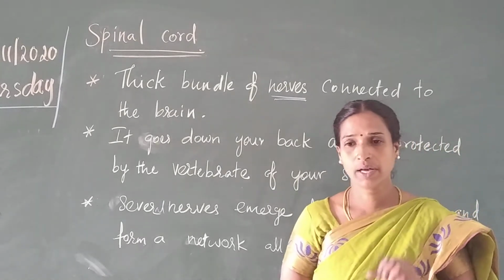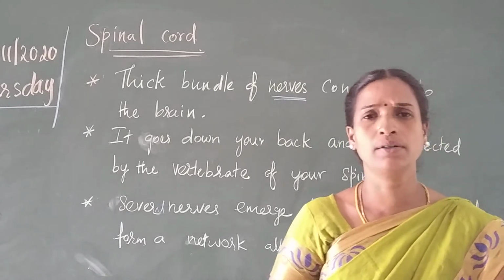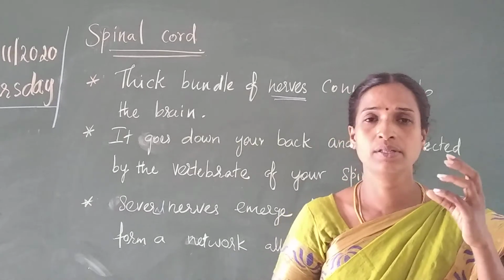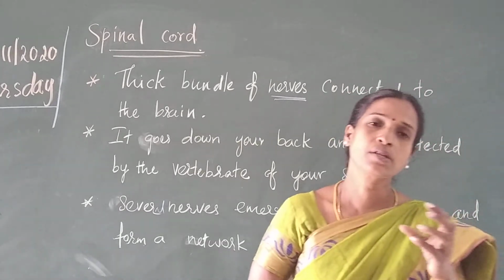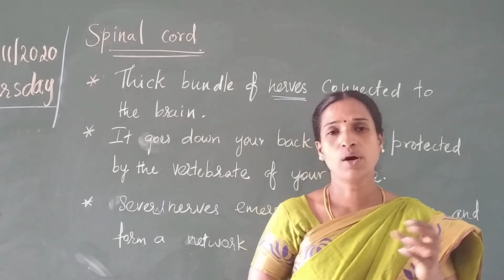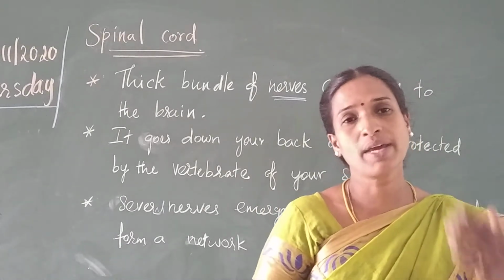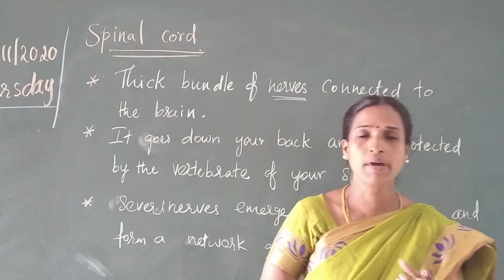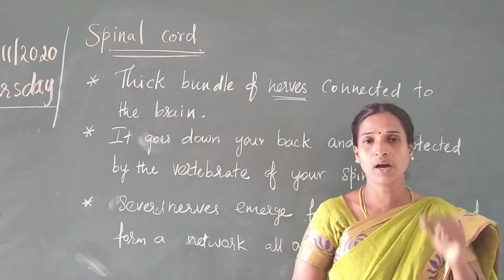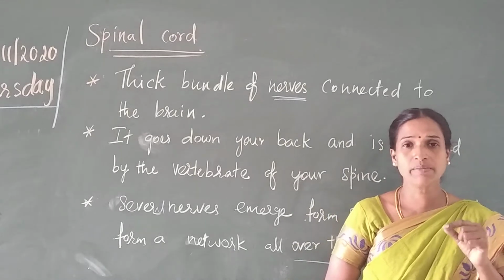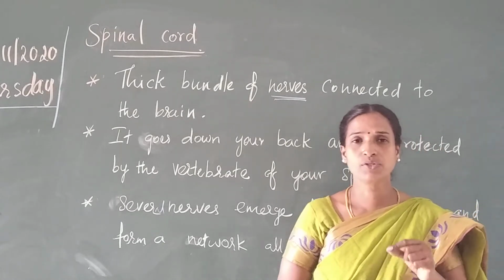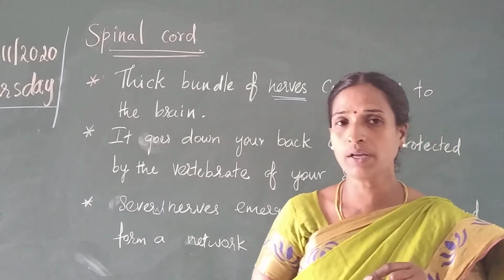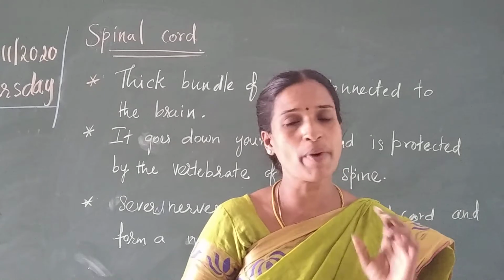Again, we want to learn how the brain and spinal cord perform together. Children, before I told you about the neuron, that means the nerve cell, which carries messages. The main function of the neuron is carrying messages from all over the body to the brain through the spinal cord.